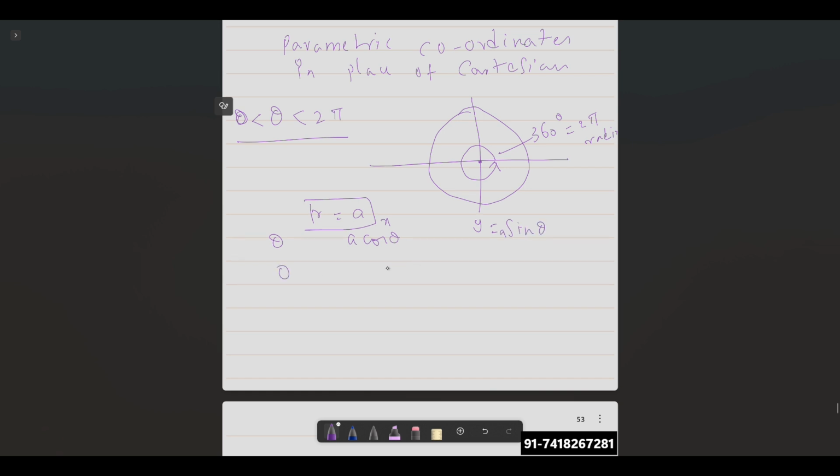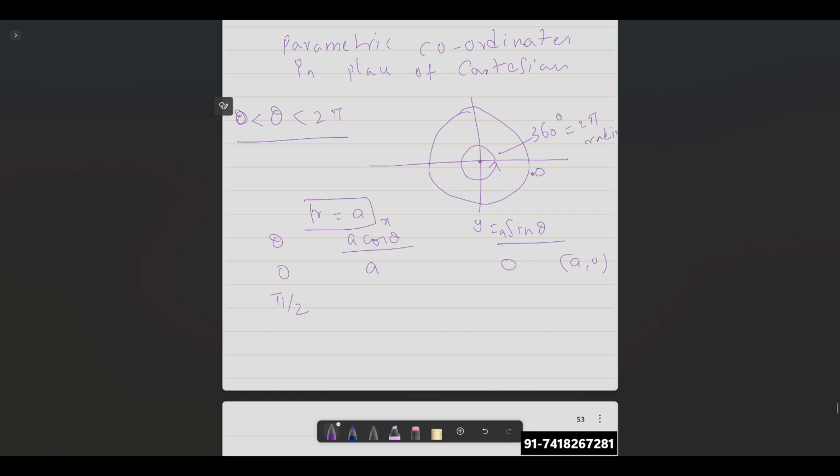Then if theta is 0, cos 0 is 1 and sine 0 is 0, so this becomes the coordinate a comma 0, and for pi by 2.